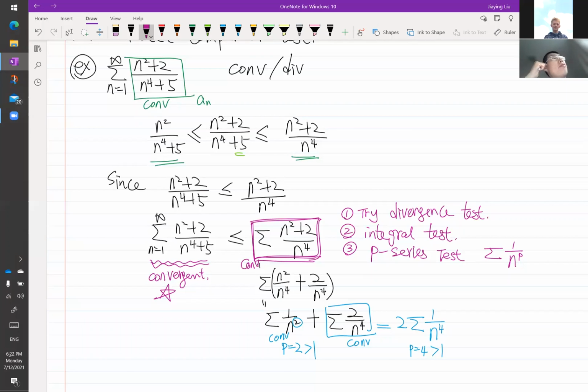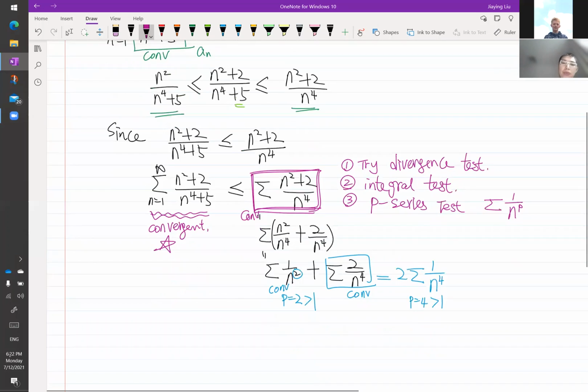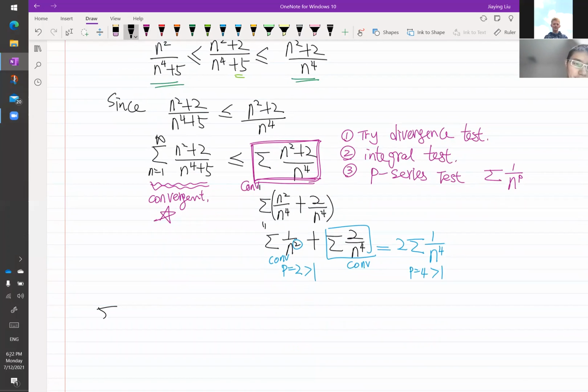I'm going to say that if one of them is divergent, then the sum of those two series together is divergent. Because if it's convergent, the sum, so let's say you have a series a_n and then series b_n, and you're adding them together, right?